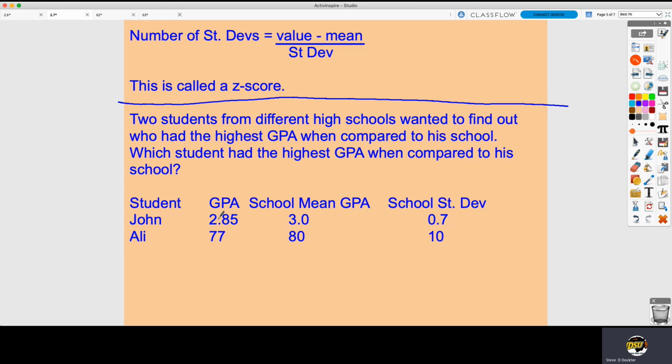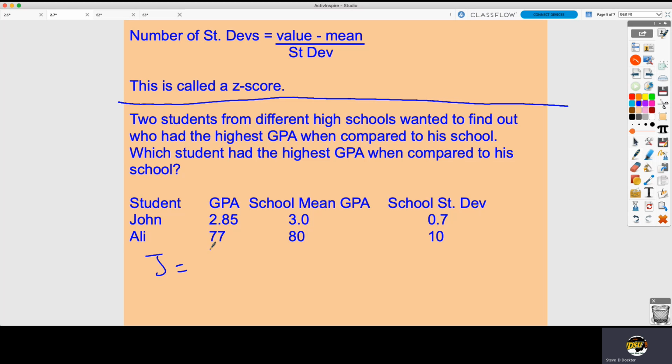Well, the one above the mean is going to be the better one compared to the other one. But for this one, we're going to have to figure it out using both the standard deviation and the school average along with their actual GPA. So all we do is find each one of their z-scores.